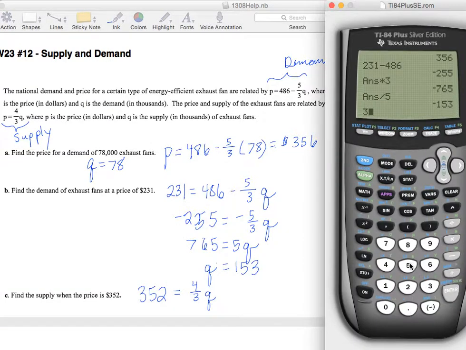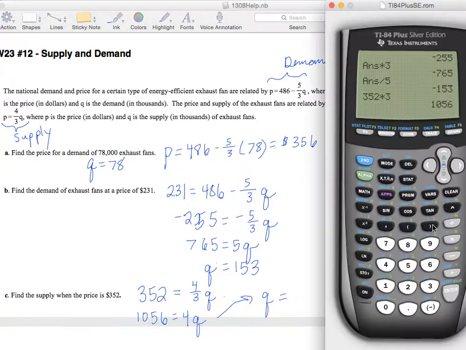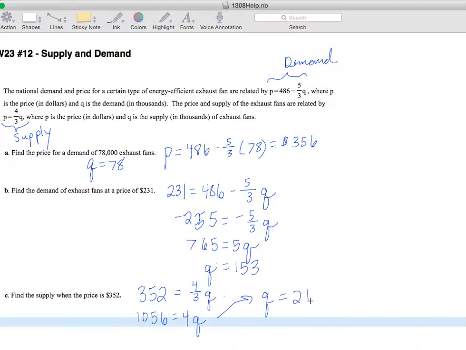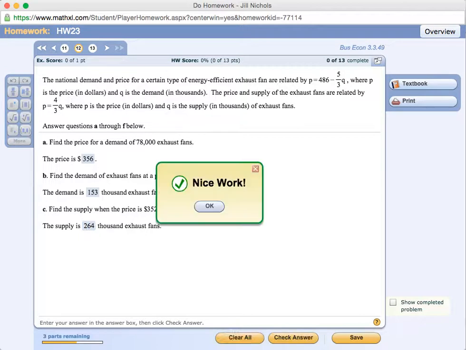So 352 times 3 is 1056. So 1056 equals 4Q. So Q is 1056 divided by 4, which is 264. So 264,000 is the supply. It already says thousands, so we'll just go with 264.